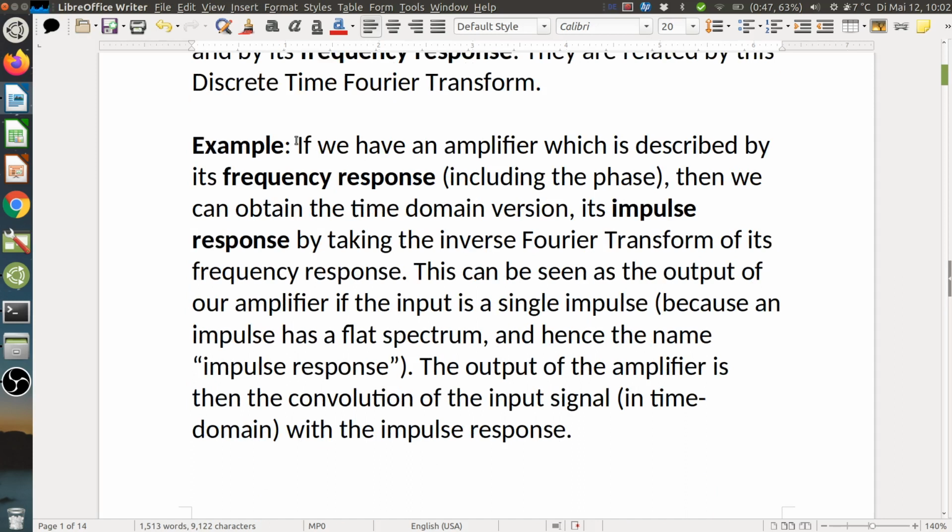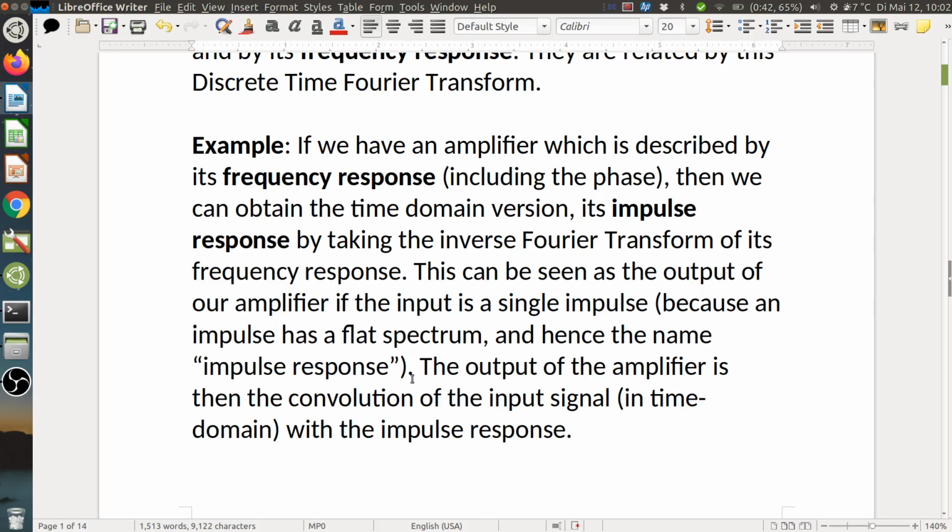So an example: if we have an amplifier which is described by its frequency response, including the phase, then we can obtain the time domain version, its impulse response, by taking the inverse Fourier transform of its frequency response. This can be seen as the output of our amplifier if the input is a single impulse, because an impulse has a flat spectrum, and hence the name impulse response.